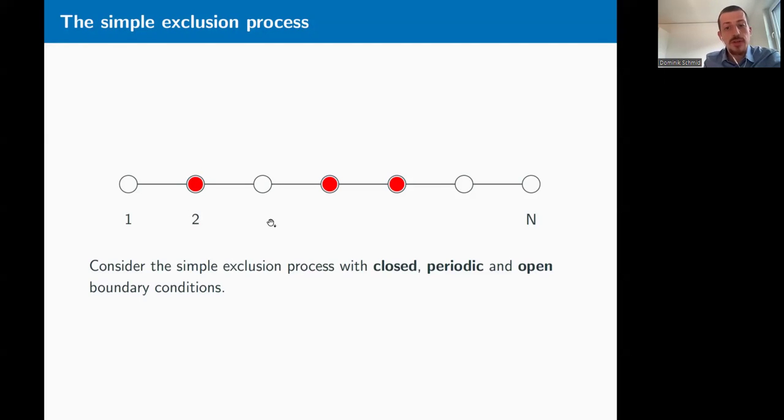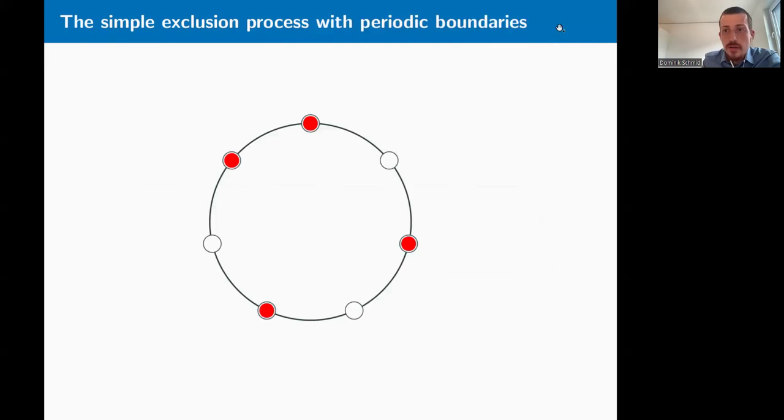Let me illustrate in terms of periodic boundary conditions. That corresponds to the case where our underlying graph is the circle. As Evita said, looking at the interchange process on the circle is a very delicate question. But here we're looking at the projection where we just have the exclusion process on the circle. This is the same as thinking about periodic boundary conditions.